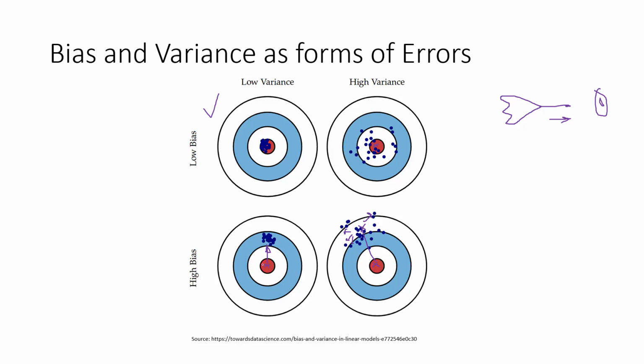But because it is a linear regression, it will always have a bias. That means it will not hit the exact point.